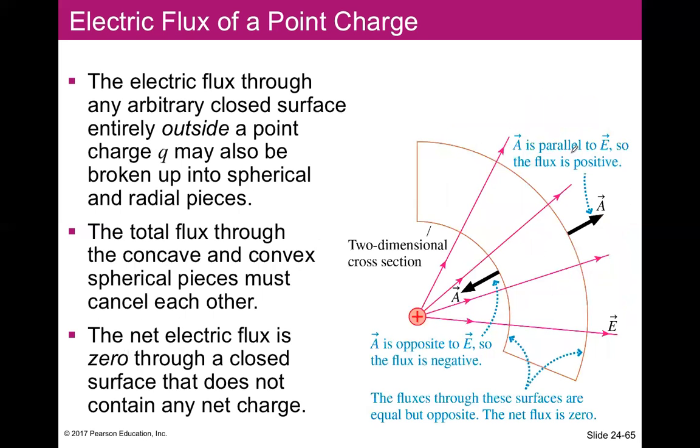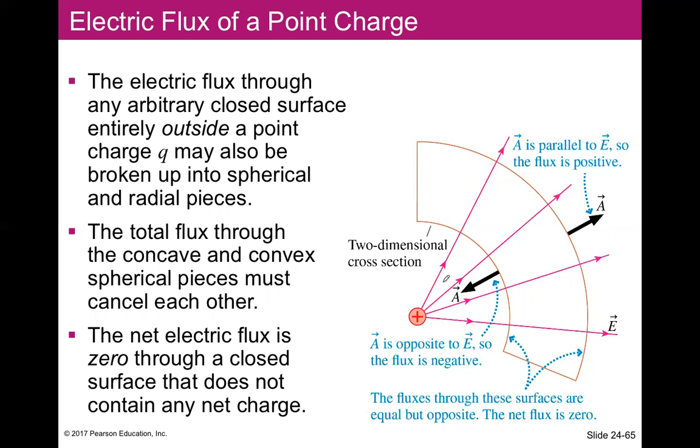But if you have a charge which is outside any type of closed surface, then you will have zero flux for this closed surface. For example, if one field line goes into the closed surface, sooner or later it will pass through and go out of this closed surface.